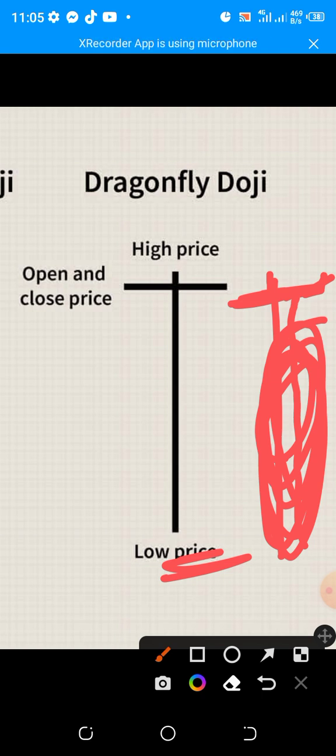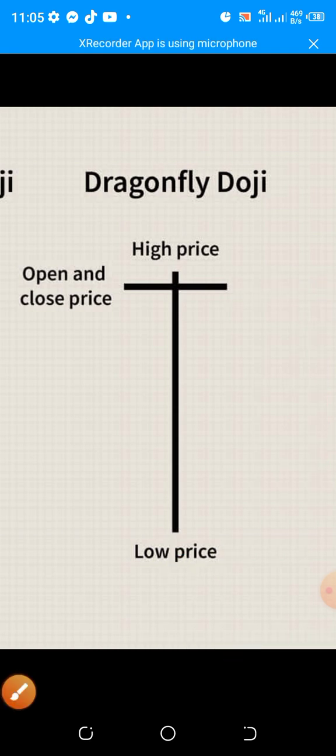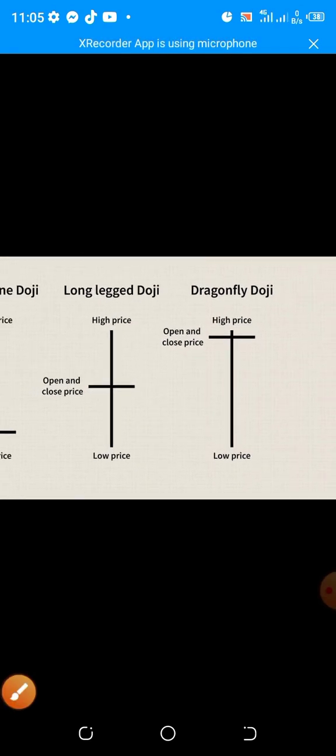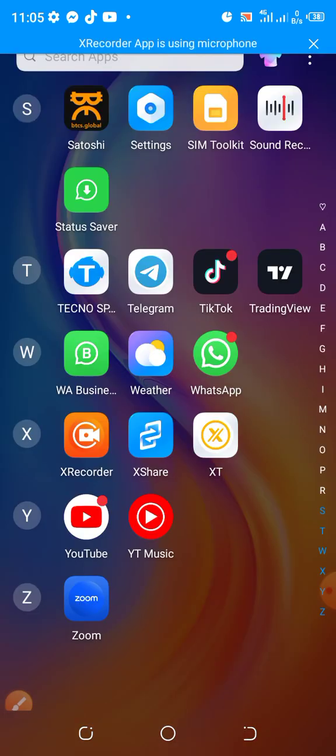If you go to charts, for example, you'll find a few of them. Let us go to our TradingView app so that you can see those three types of candlesticks.